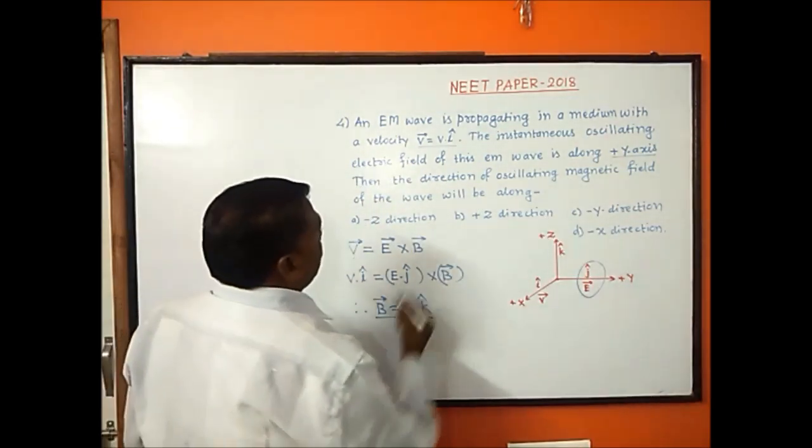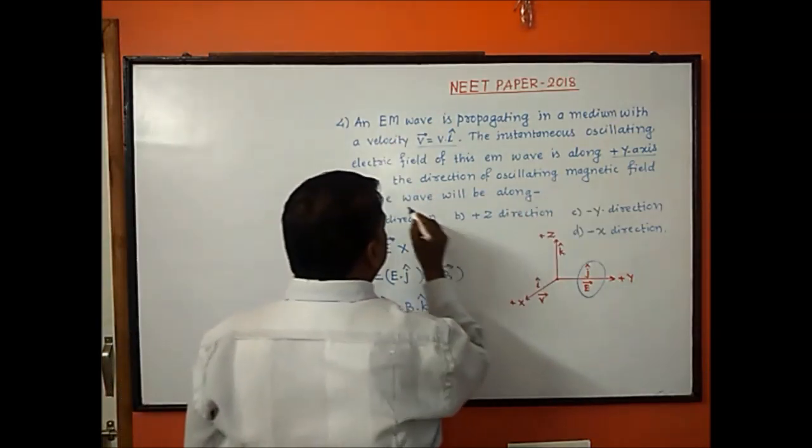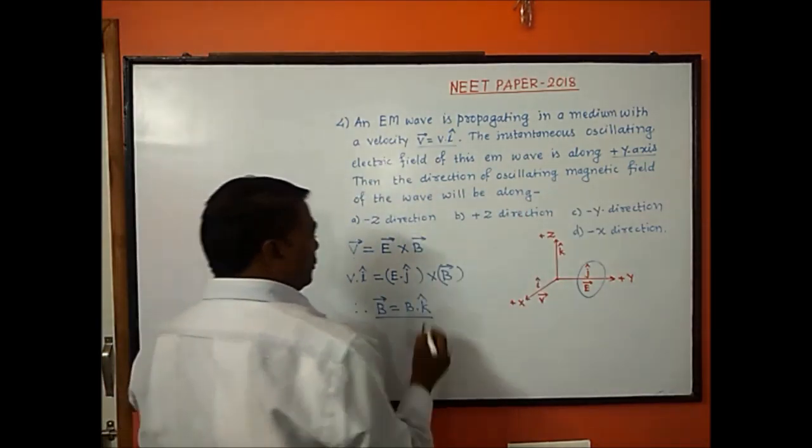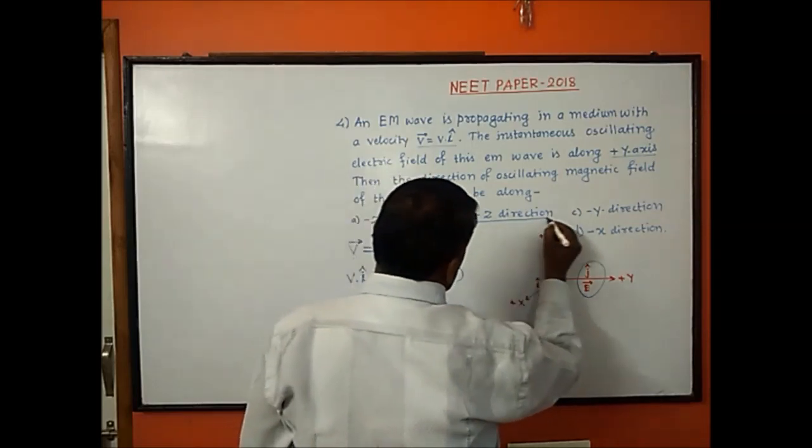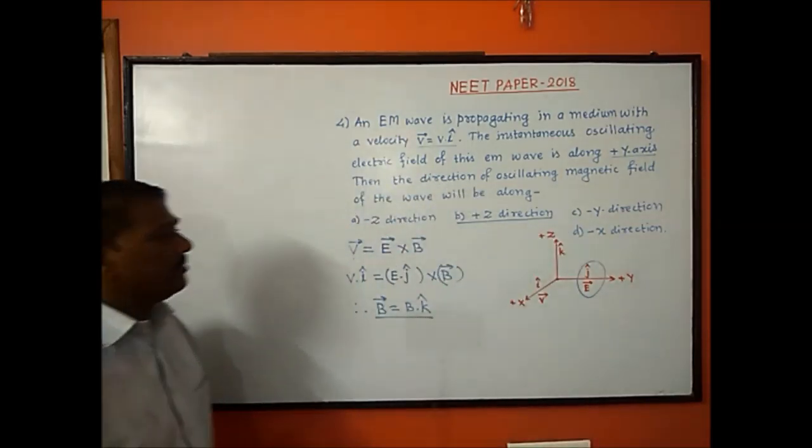Therefore the direction of the oscillating magnetic field will be along the positive z direction, and hence the option is B, that is plus z direction.